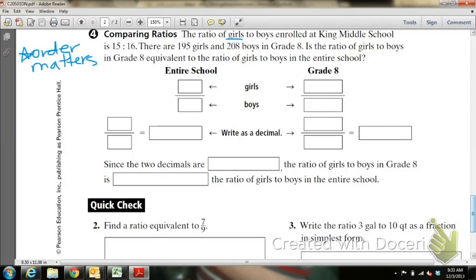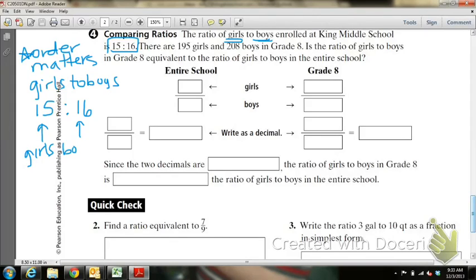If they say girls to boys in the words, then that means when they give you these two numbers, 15 to 16, that means the first number is girls and the second number is boys. Okay, they'll tell you the order in the problem, you just have to look for the words.